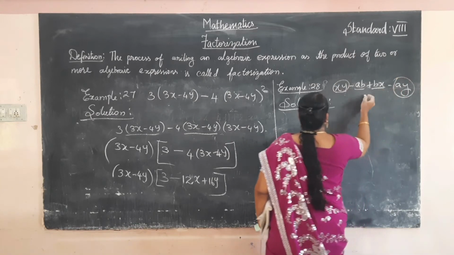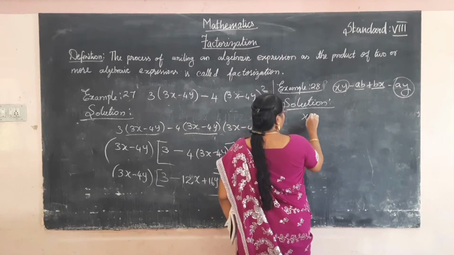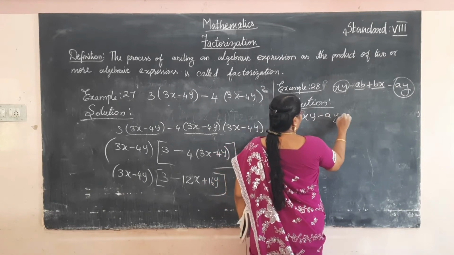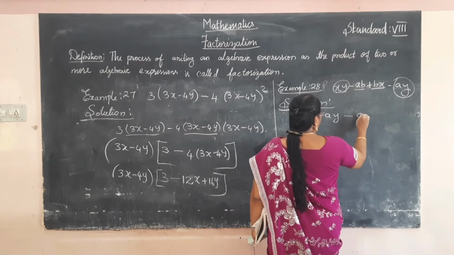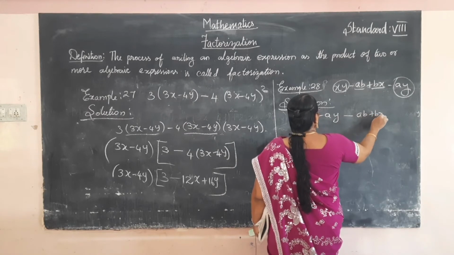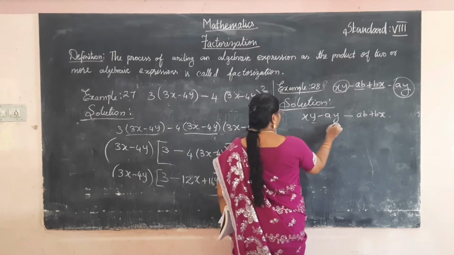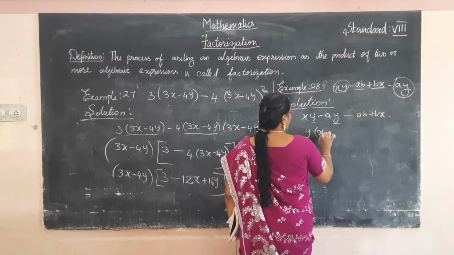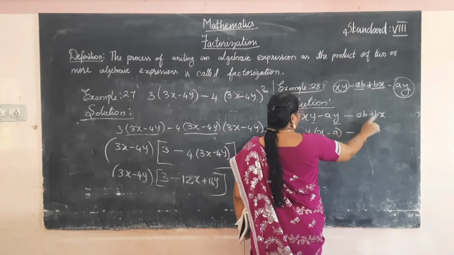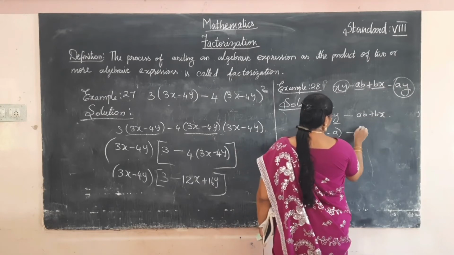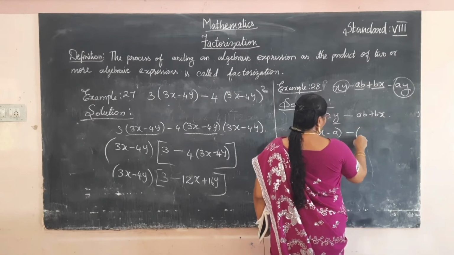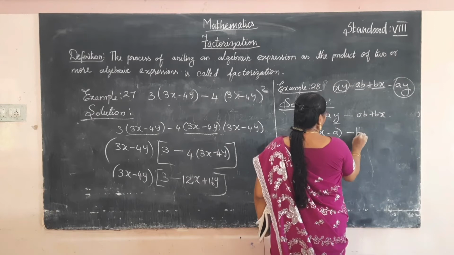So first compare xy − ay and then −ab + bx. You have to take the common term y, so y(x − a). Here the common term is b. You have to take the common term b.